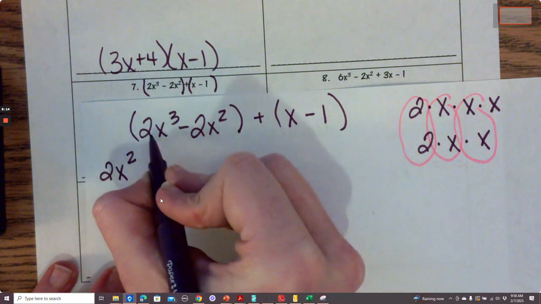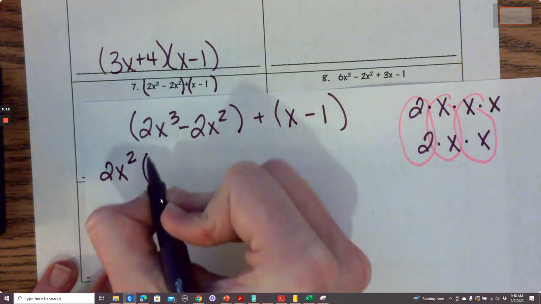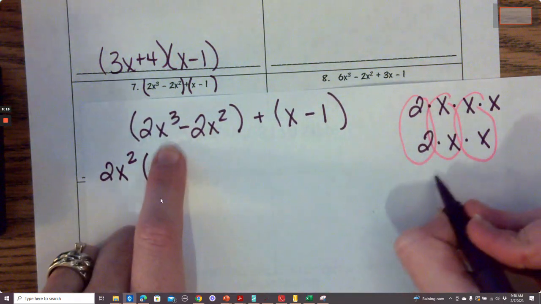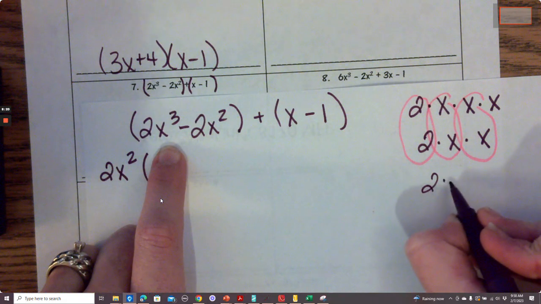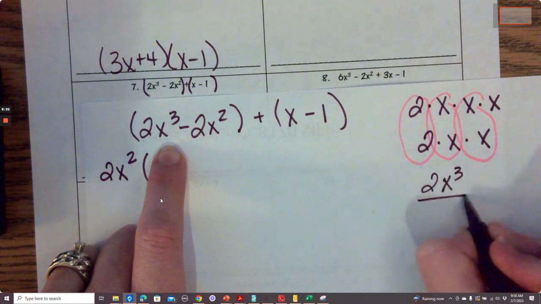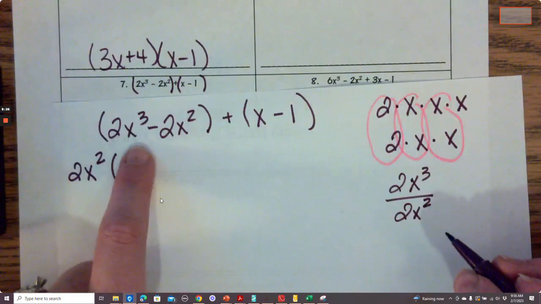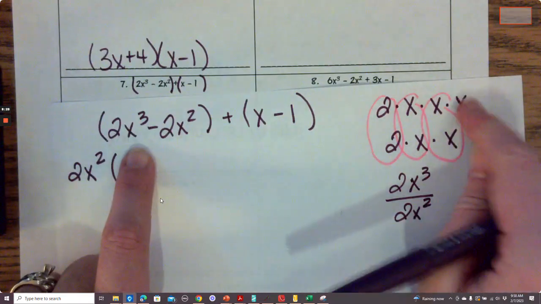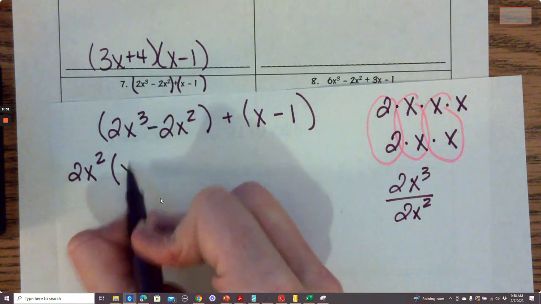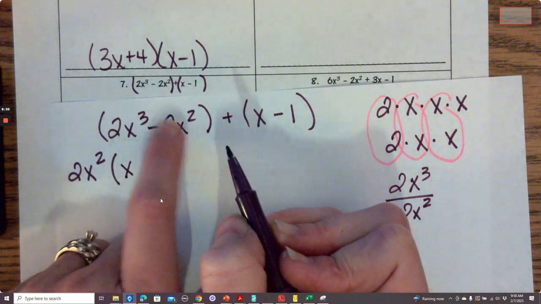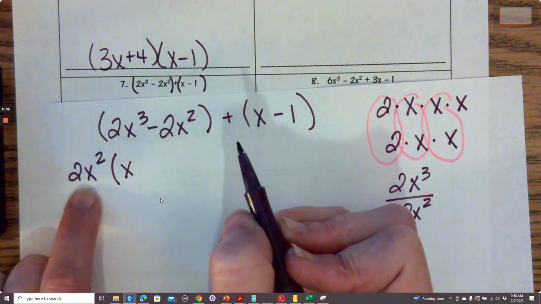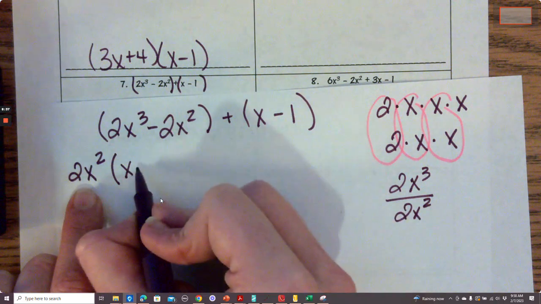So what I'm doing is I'm factoring that out. So 2x cubed divided by 2x squared. That's what I'm doing first. Everything cancels but a single x, so I'm left with an x. And then I do the same thing here. 2x squared divided by 2x squared. I'm just left with a 1.